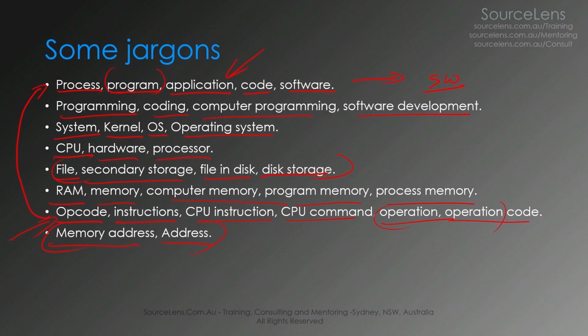When I show you the memory inside Visual Studio, I will give you more input on this particular piece. But memory address and address are one and the same thing. It's going to be a 32-bit value. That's the only thing you need to remember right now. Any questions? All right.